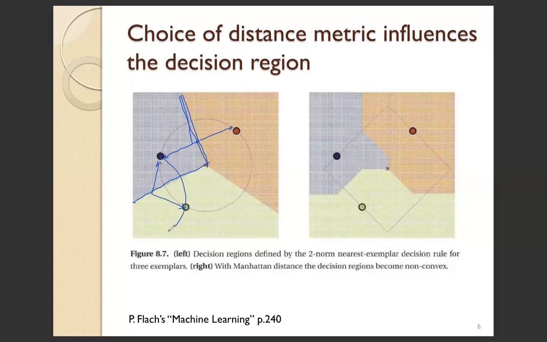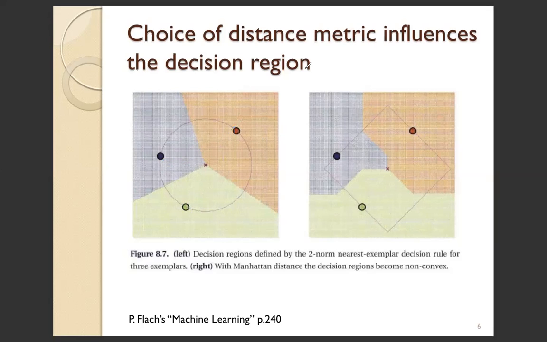Basically, it's like a circle. Any point here has a radius going like this, and the distance is the same. So if you have a point in the middle, its distance to this, this, and this is the same because they are lying on the circle.